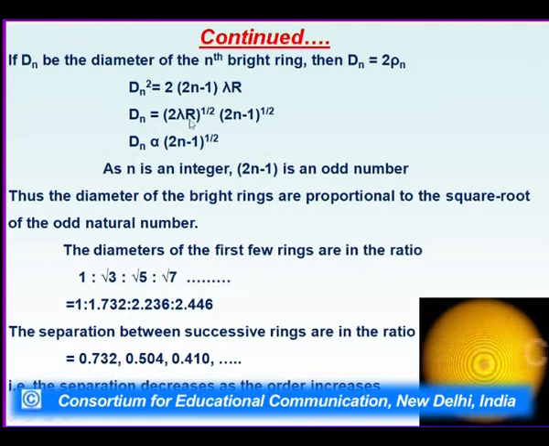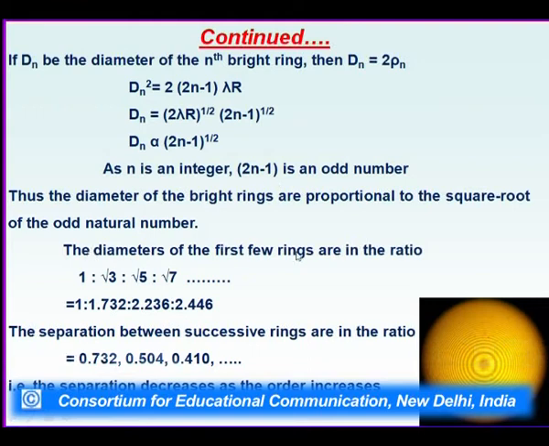Taking the root, the diameter dn is directly proportional to the root of (2n minus 1), where n is an integer and 2n minus 1 is an odd number. We can say that the diameters of the bright rings are proportional to the square root of the odd natural numbers, as the value is 2n minus 1.